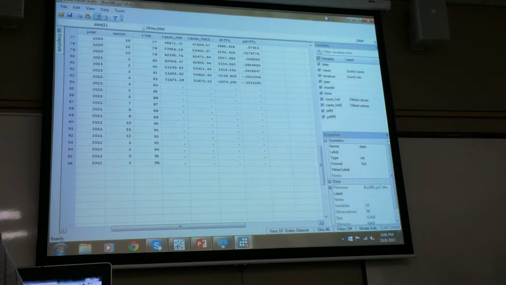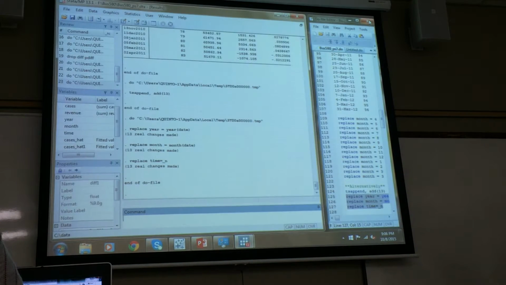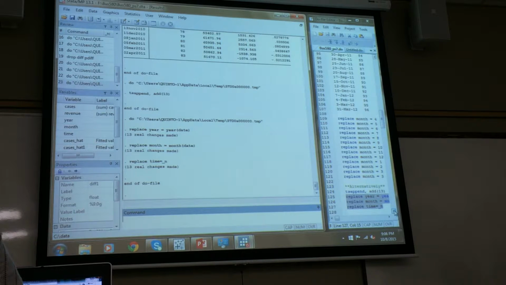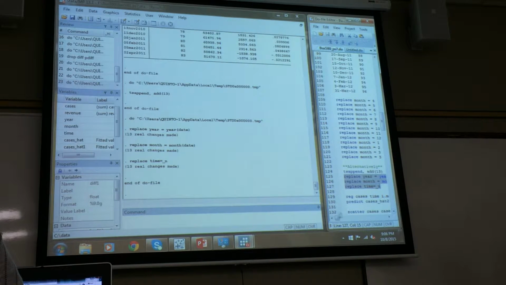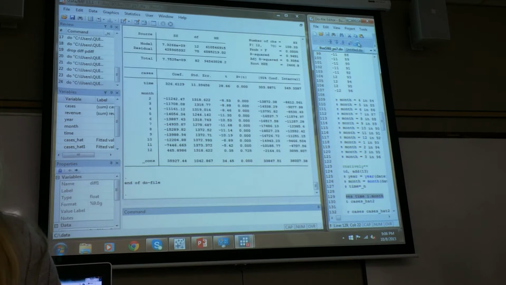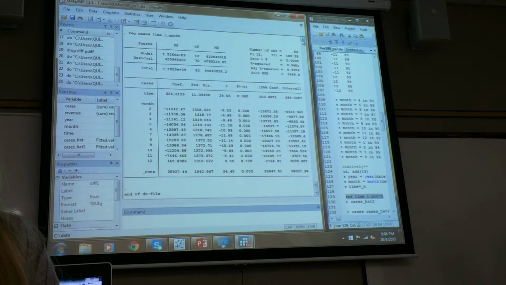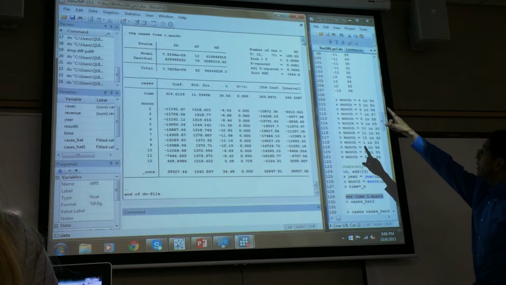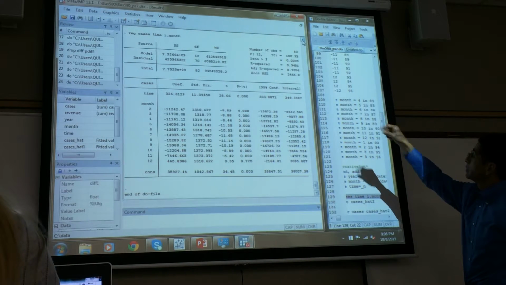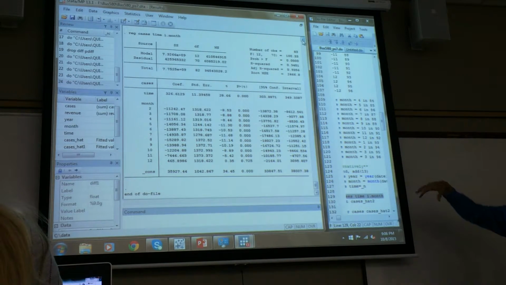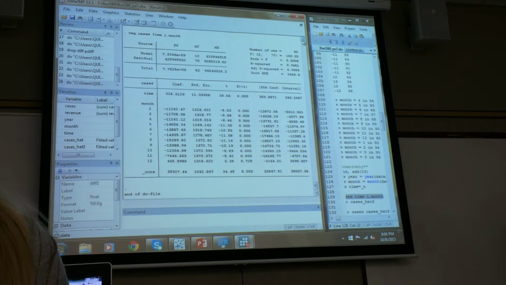All right, so let's close that down. We're going to run our exact same regression. We've got the full data set, all 83 observations. We're back up to our same 93 R squared.